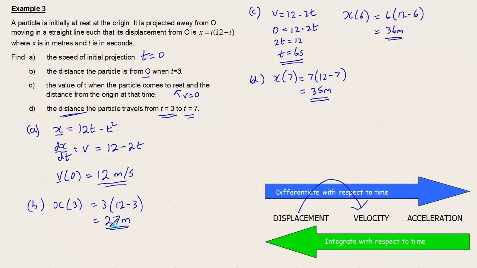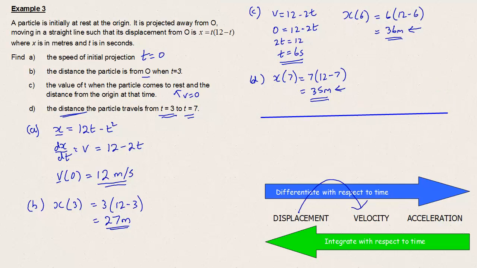Now it's tempting to say that this is 8 meters, but that's not what happens because we know that it stopped at 36 meters, so it looks like it's come back a bit. So the velocity becomes negative after it's at rest at 6 seconds.